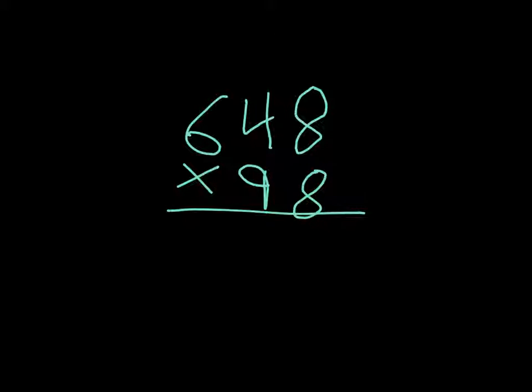Then we have this line right here, and this line is super important because we will have some really big numbers and we just need to keep everything straight. There will be one right here and one right here. So follow along and pay attention and you'll be doing traditional like a pro.